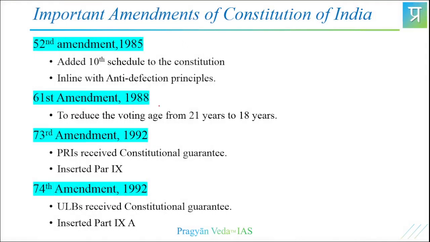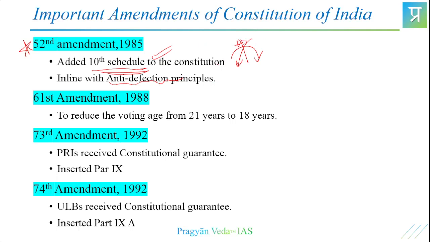Now we have one more important amendment called the 52nd Constitutional Amendment, which added the 10th schedule, namely the anti-defection provisions, right, we have under Schedule 10, dealing with shifting from one party to the other, floor crossing, Aya Ram Gaya Ram principles, and all other political mischievous behavior that was occurring.